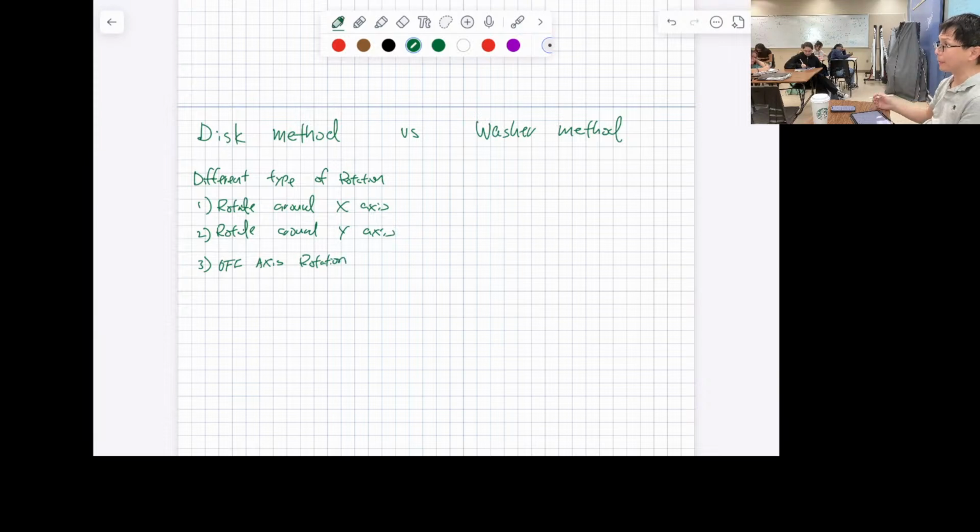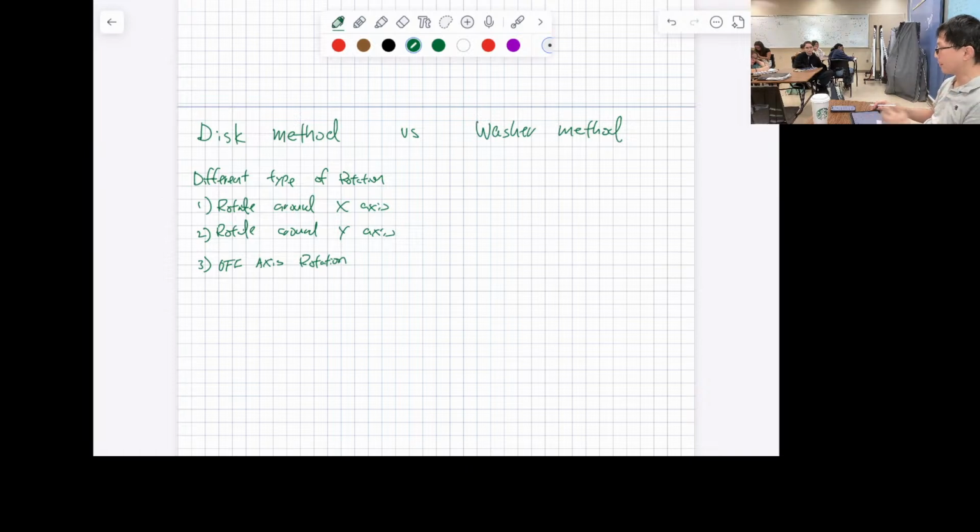Now, does everybody get to off-axis rotation? Sometimes it shows up. I would say probably 30% of the time it shows up on the AP exam. On my test, yeah, it's 100%. But most of the time around the x-axis and y-axis, they're not very difficult. They don't try to create a difficult problem for you guys.